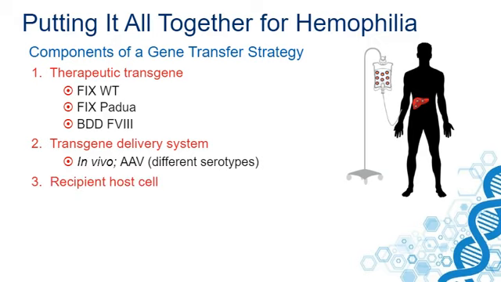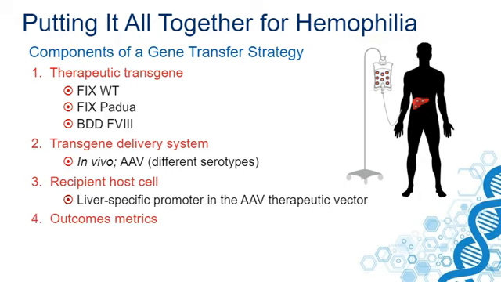You need to deliver it to a recipient host cell, and at the current time that's the liver. And then you need to see whether metrics support success of the studies that you've done. Those involve measuring clotting factor levels in the plasma, measuring the annual bleed rates, and the consumption of exogenous factor VIII by patients. And then, of course, you also need to watch for safety considerations.